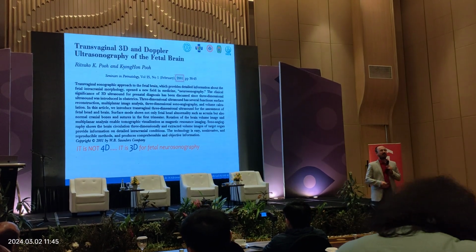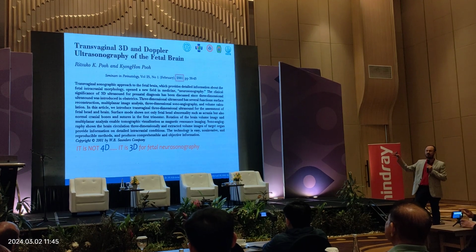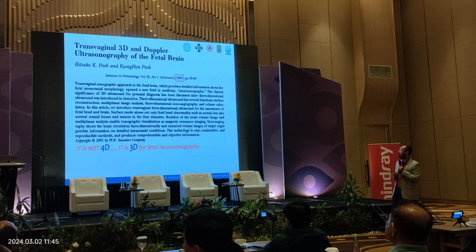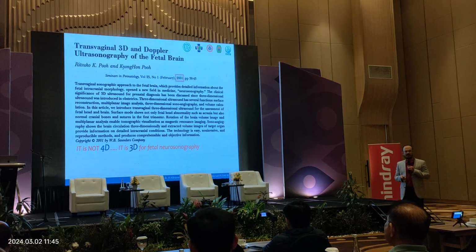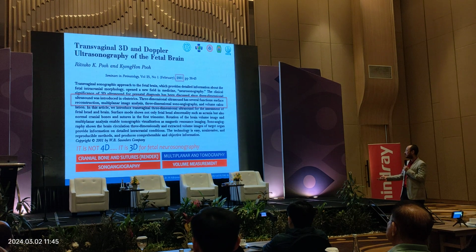So I will start from the very beginning. This is one of my favorite publications from very early on, almost 20 years ago, from ISUOG. It's a very nicely structured publication. We can see here that the functions for diagnosing using three-dimensional imaging relate to four functions. The first one is multiplanar and tomography.